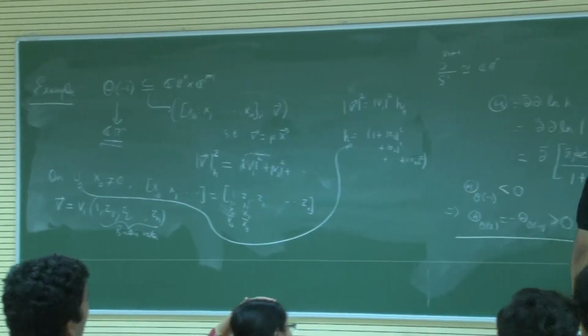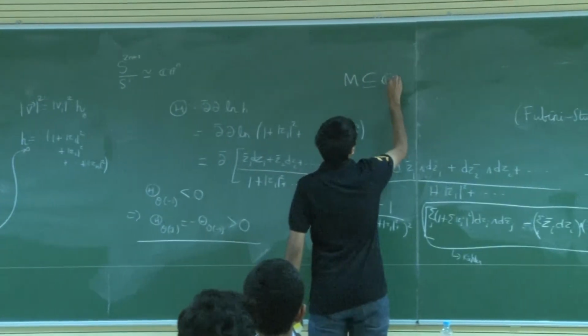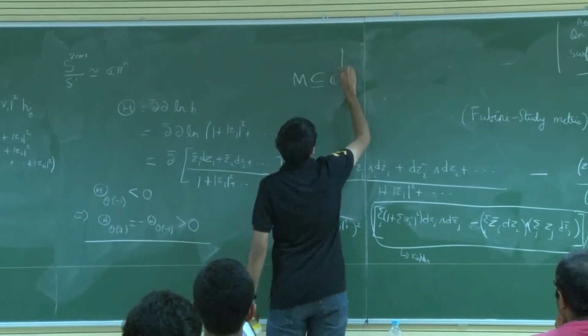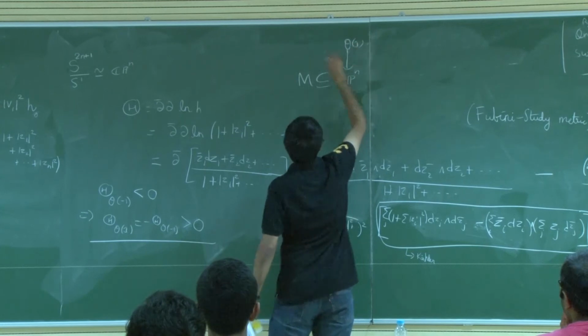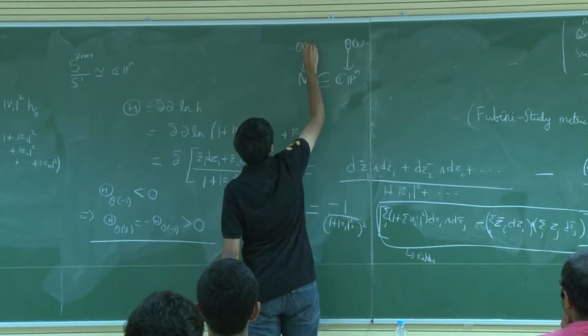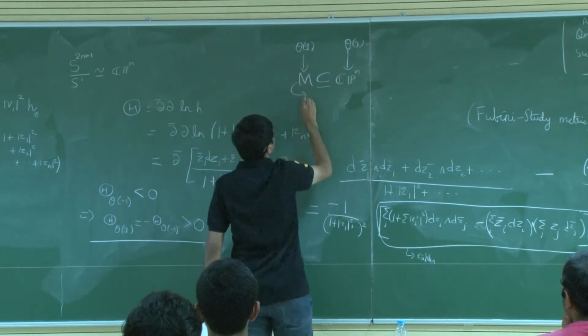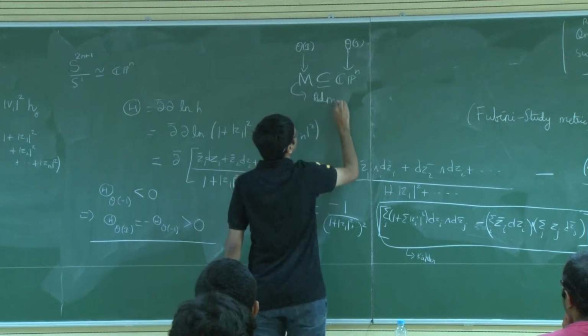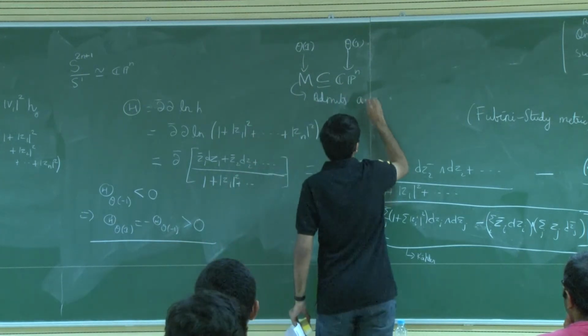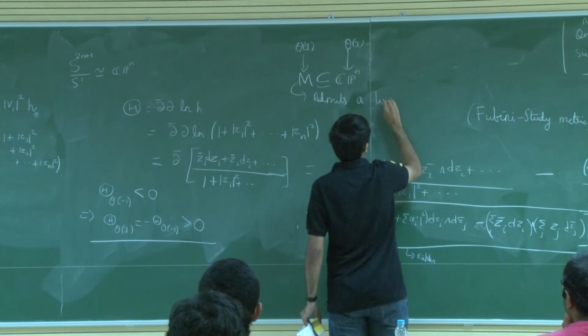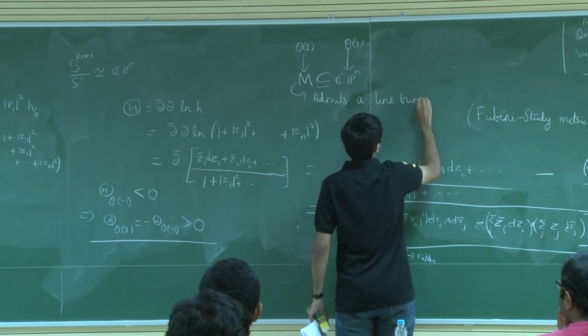So notice that if M is a submanifold of CPN, the O1 bundle restricts to an O1 bundle here. So this admits a line bundle with positive curvature.